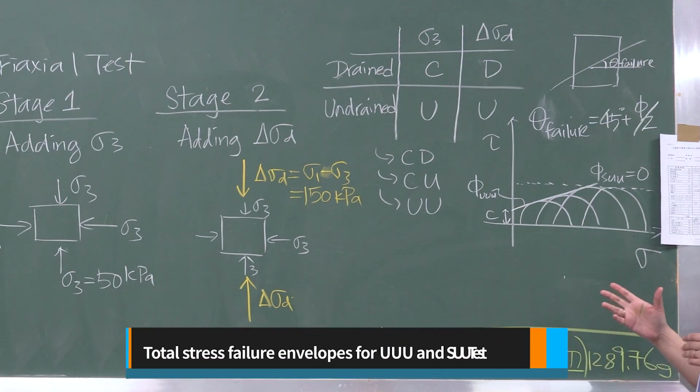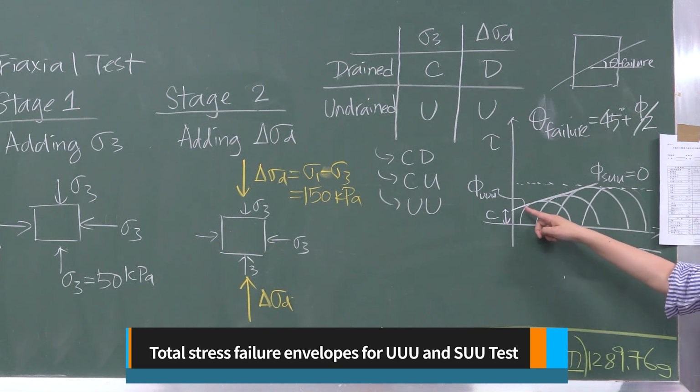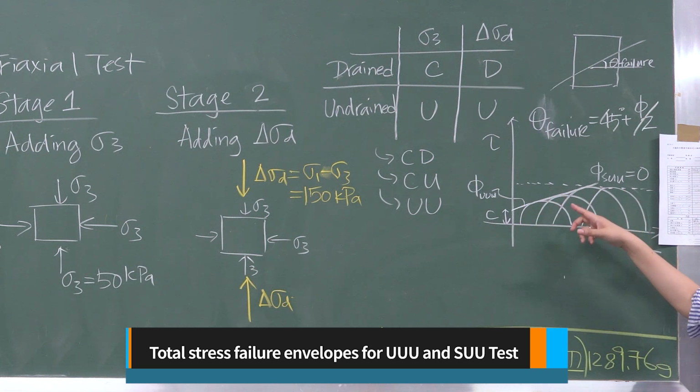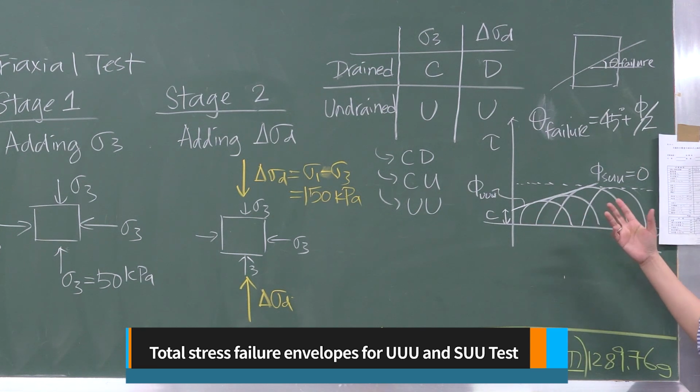So based on the Mohr-Coulomb failure envelope, what you would expect is, if you have an unsaturated soil specimen and you perform an unconsolidated undrained test on it, then if you look at this shear stress and normal stress diagram, there are several Mohr circles. Each of them represents a certain degree of saturation. If you connect the Mohr circles together, you will have basically a linear relationship like the Mohr-Coulomb failure envelope.